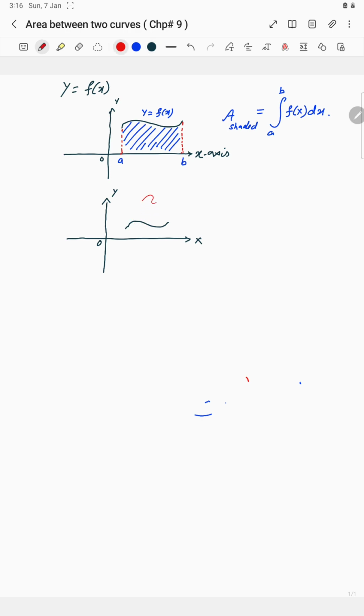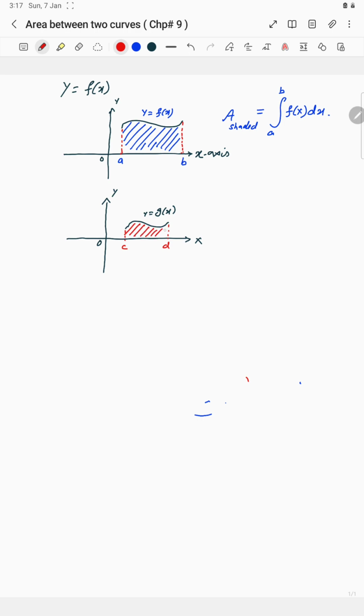Then the area of this curve, y equal to g of x, along the x-axis, suppose this is point C and this is D, or you can say the same as A to B or C to D, it doesn't affect it.